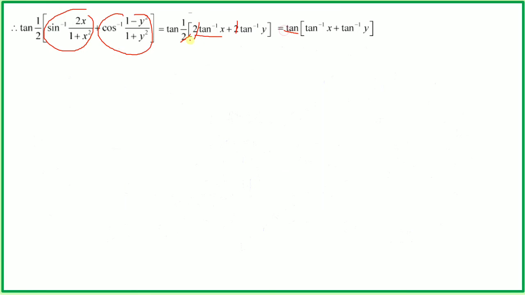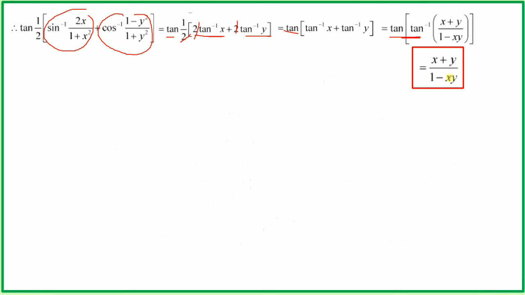So tan is outside here, and then tan inverse x plus tan inverse y equals tan inverse of x plus y upon 1 minus xy. Then tan and tan inverse cancel, so it equals x plus y upon 1 minus xy. That's all about this question.